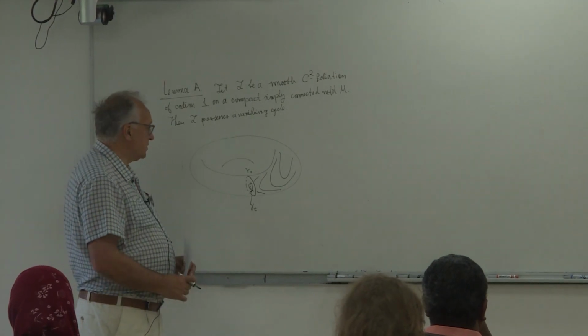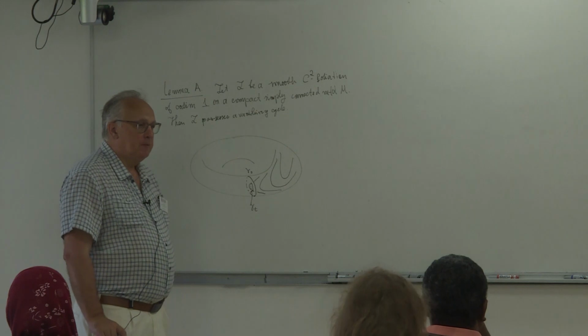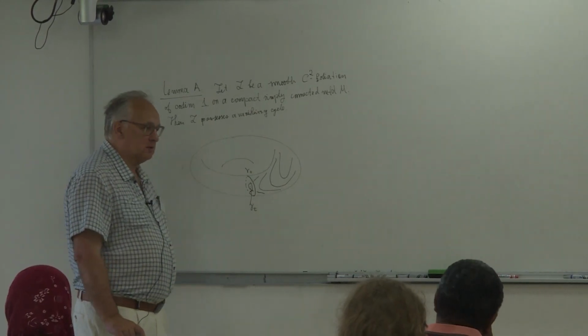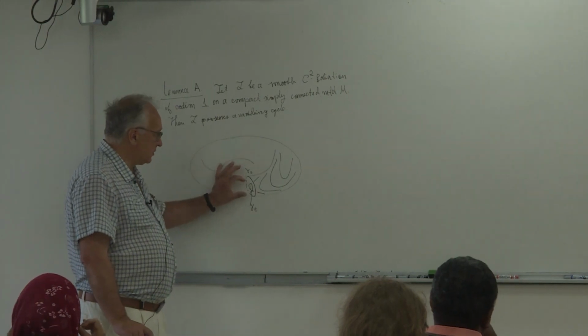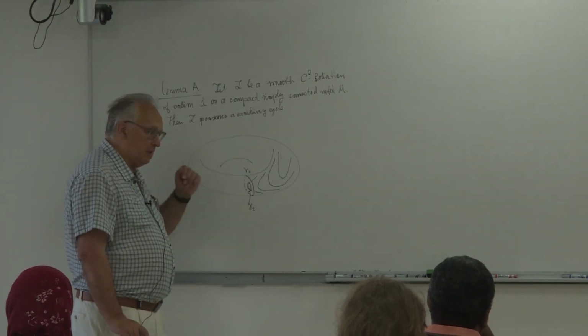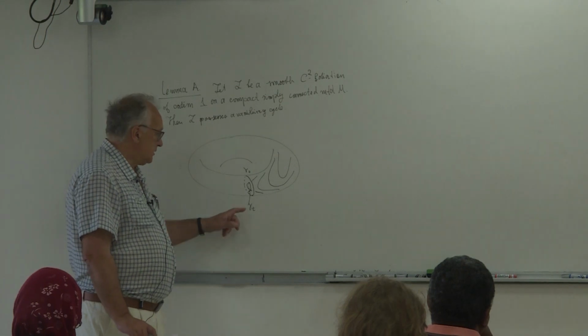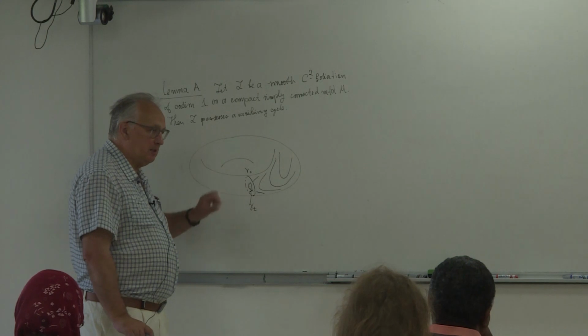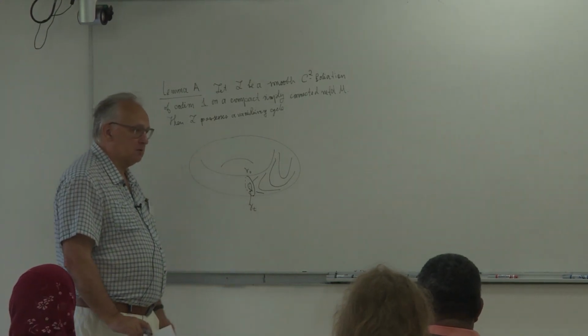So a vanishing cycle is an embedded closed curve, not homotopic to 0 in its leaf, which can be approximated by closed curves in nearby leaves that are homotopic to 0. Okay?